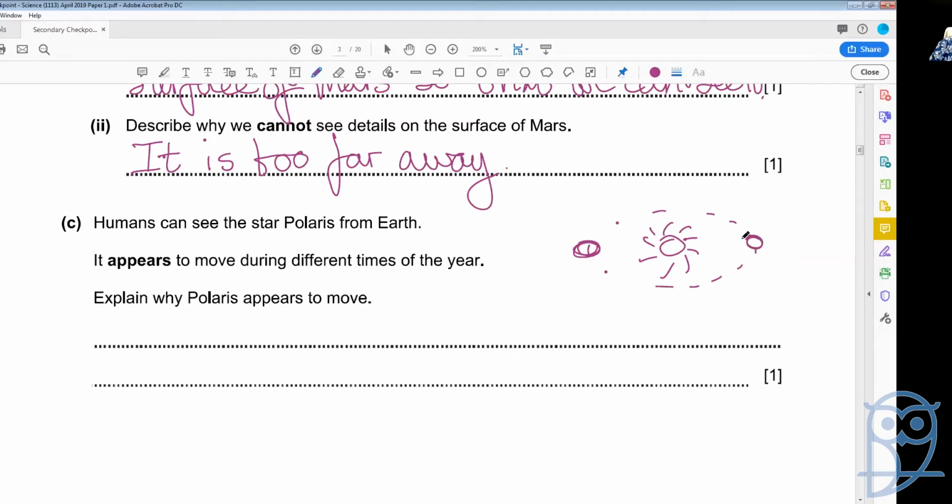So at one time of the year, we are over here, and at another time of the year, we will be over here. So if we have a star in the sky, Polaris, and we look at it from here, then it would look to be about there-ish. But if we look at it when we're here, it would look to be over there. So this specific thing that we see is called parallax.